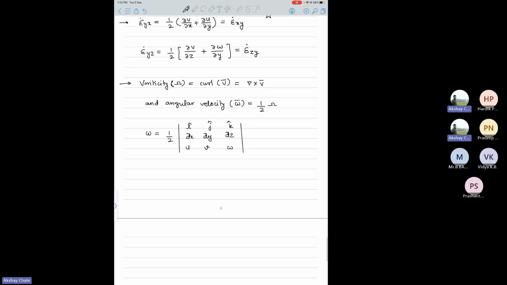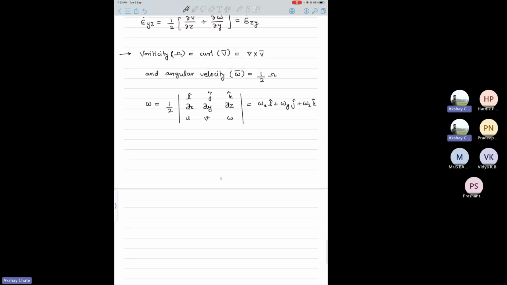For everything there will be some x component, some y component, some z component. You know the matrix operation, right? So wx will be nothing but the first thing, so half will be there. It will be w del y.